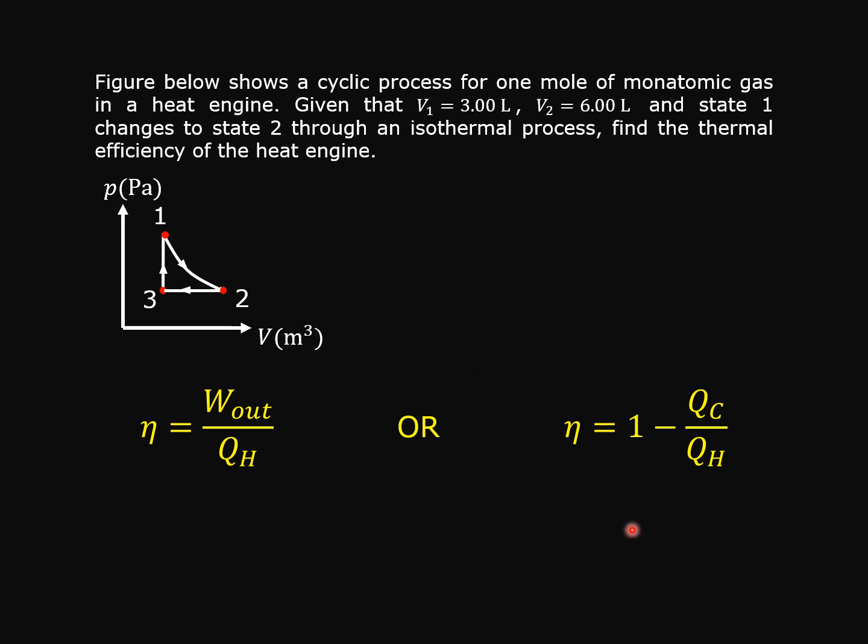In our discussions, we already know which processes contribute to QC and which contribute to QH. So if we use this formula to evaluate eta, we should get the same answer. It is worth trying to solve the same problem using a different method, and it should give us the same answer.